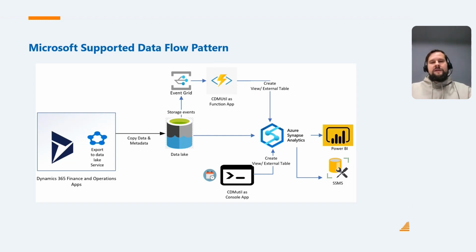Then we use this middleware solution, CDM util, in order to be able to work with the data lake definitions. And this CDM util is used when we want to create definitions in Azure Synapse Analytics, so that we don't need to manually go in analytics and try to consume a data lake definition, right?